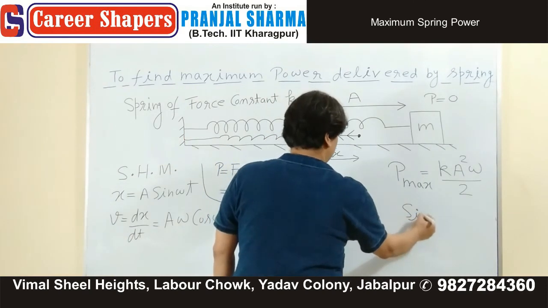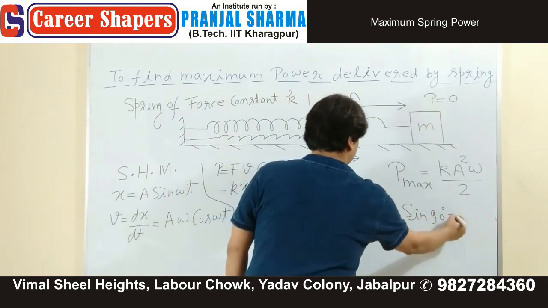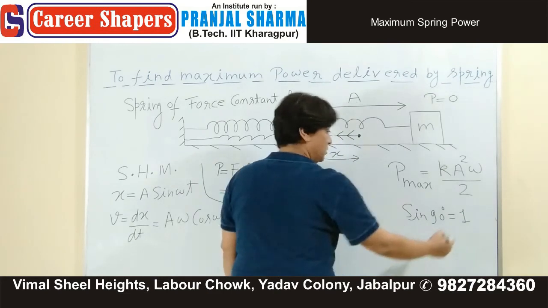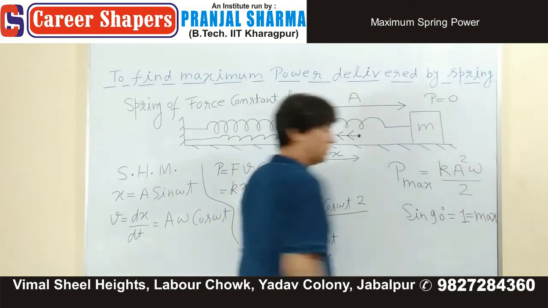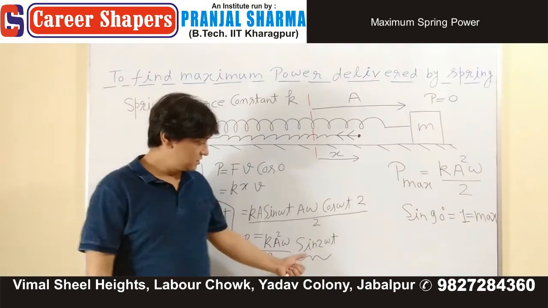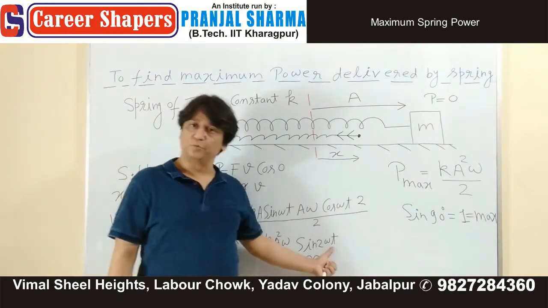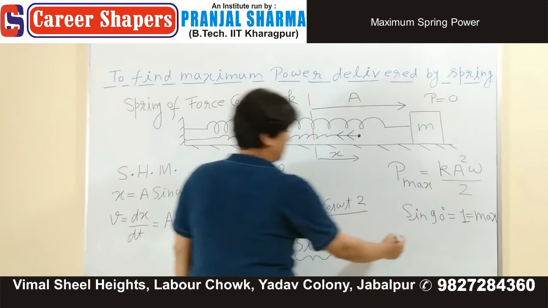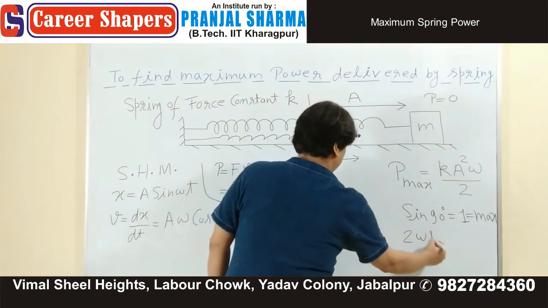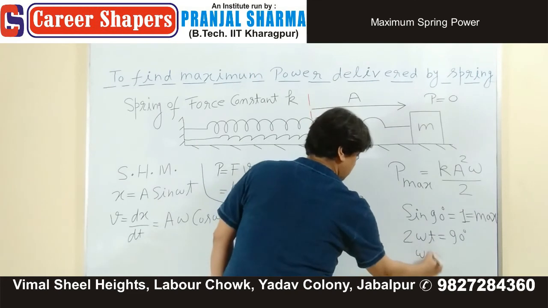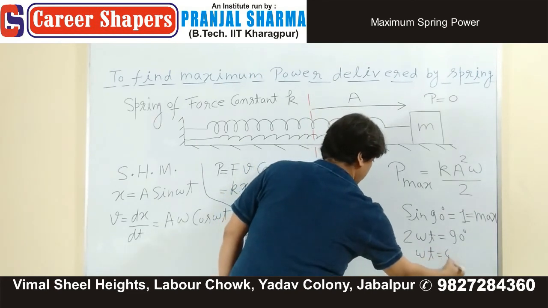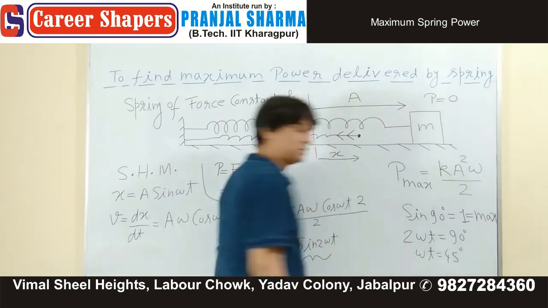Sin 90 is what? 1, which is the maximum. That means this 2 omega t should be 90. 2 omega t should be 90. Which means what? Omega t should be 45 degrees.